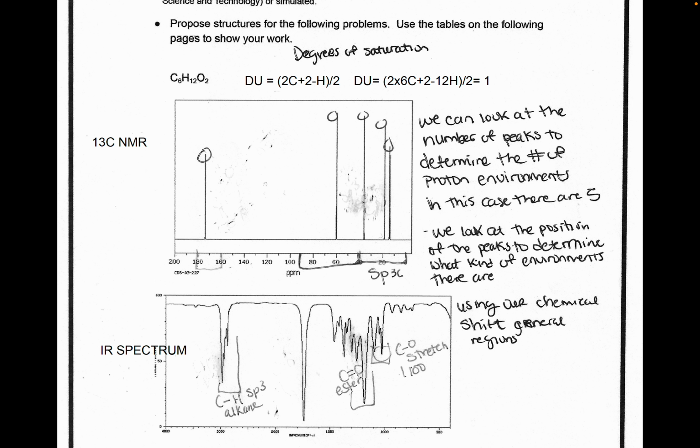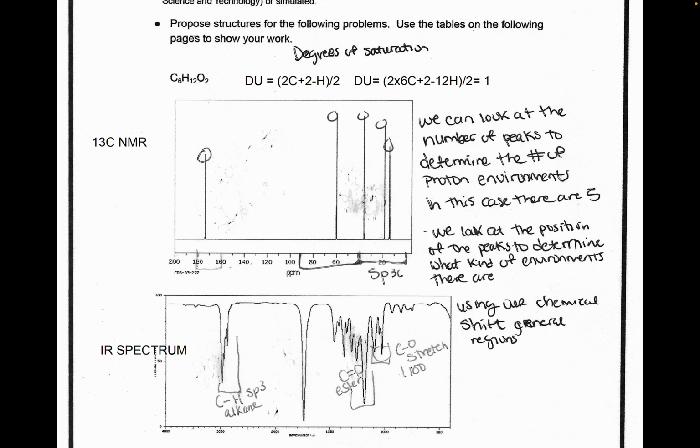Around 60 ppm, you often see a carbon bonded to an oxygen, like a CH2O group in an ester. And then some additional peaks between 10 to 40 ppm are consistent with some alkyl chains, and this is leaning more towards an ester because esters have both a carbonyl group and an OCH2 or an OCH3 group.